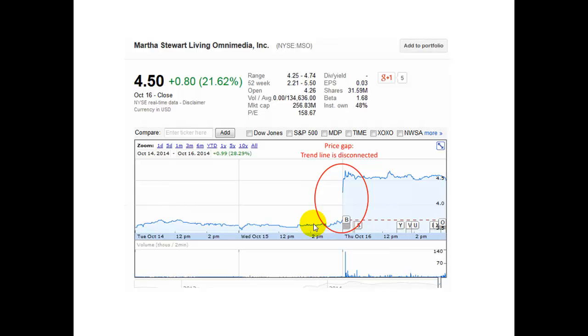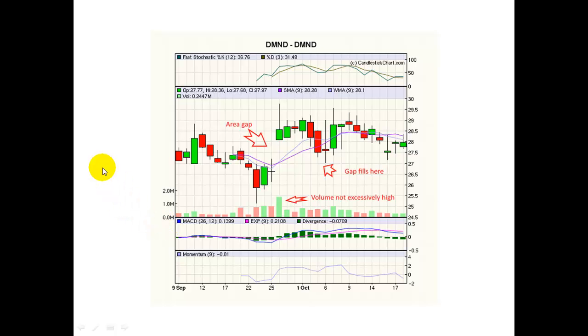Like I said, we're going to look at the gap in candlestick form simply because that's the best way to trade gaps. So what you'll see here is another gap, but we're just looking at it in candlestick form. The candlestick just shows you the daily trading range. So on the 25th of September, we had a closing price of about $26.5.